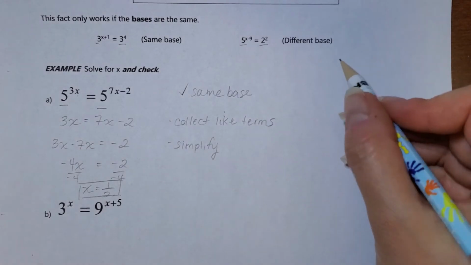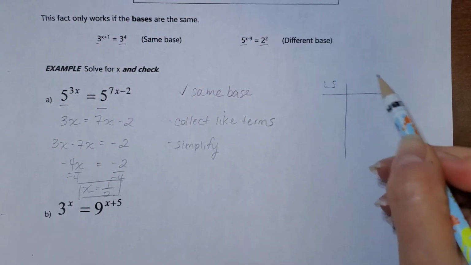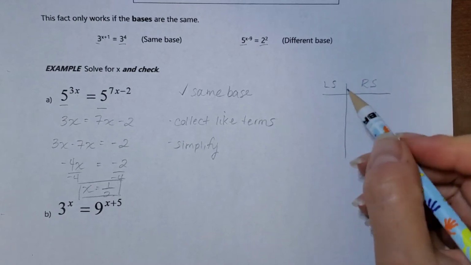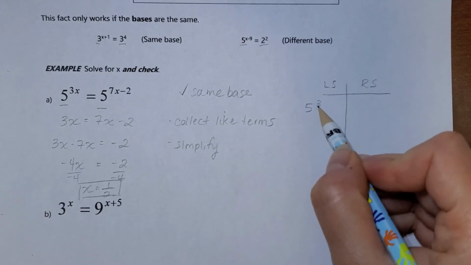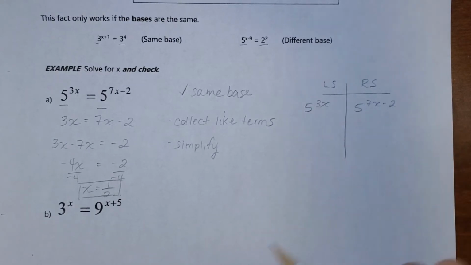So if we checked our answer, left side, right side: left side, 5 to the power of 3x, right side, 5 to the power of 7x minus 2.